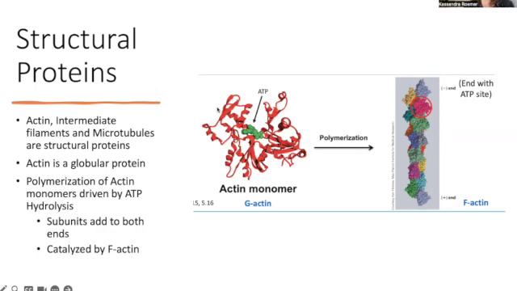The polymerization of actin starts pretty slow, actually, but once it starts, actin gets added rapidly at both ends, which is also called filament treadmilling and contributes to really dynamic structures within the cell. So it can rapidly and constantly change by adding and removing subunits at both ends.